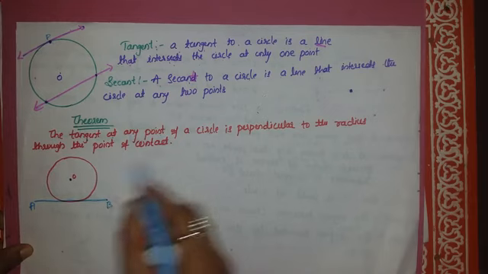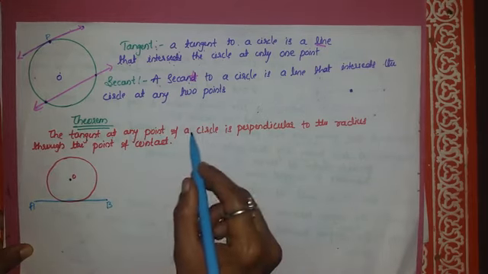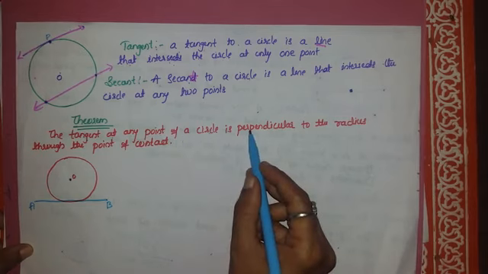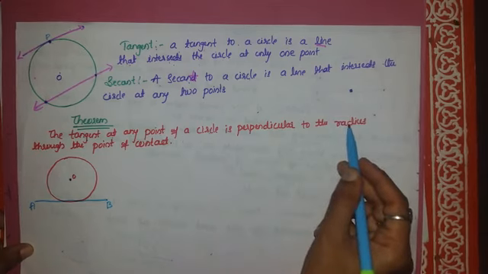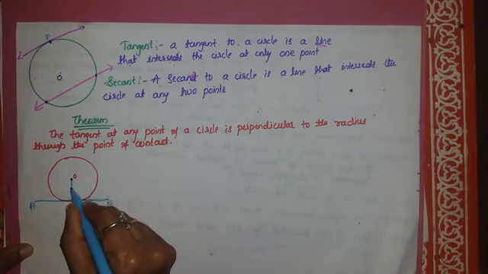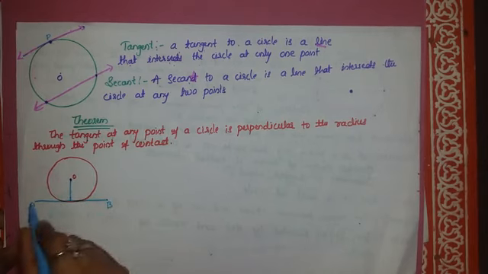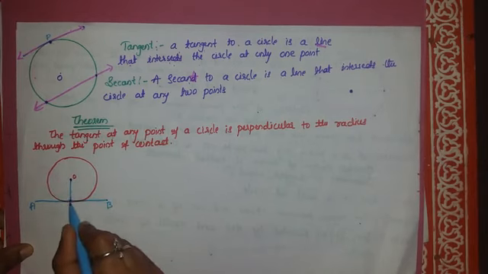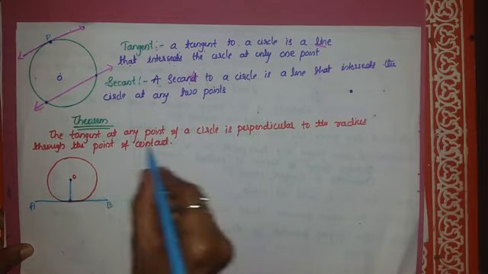What they have given is a tangent at a point on the circle, and we need to show it is perpendicular to the radius. I draw a radius. The radius and tangent touch at a point, which is called the point of contact.